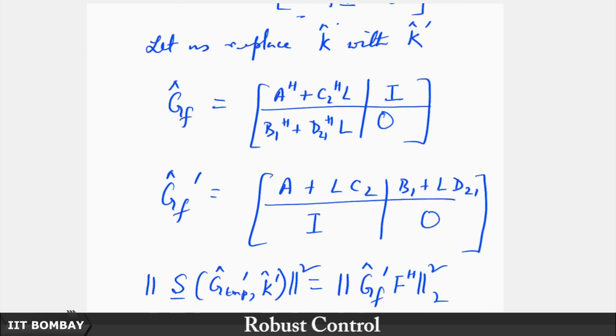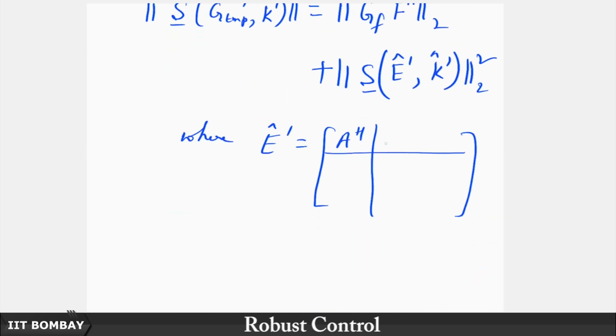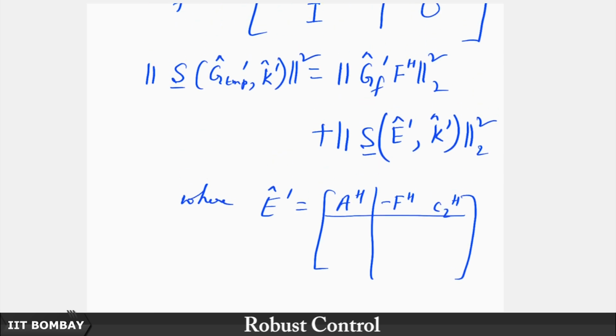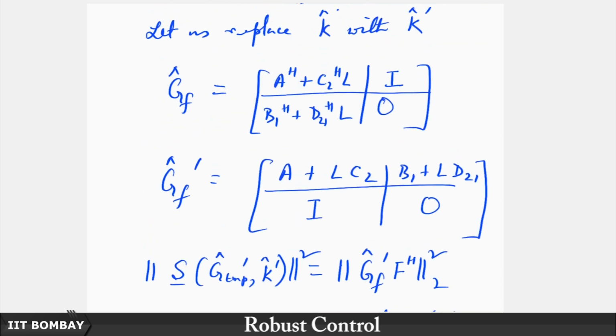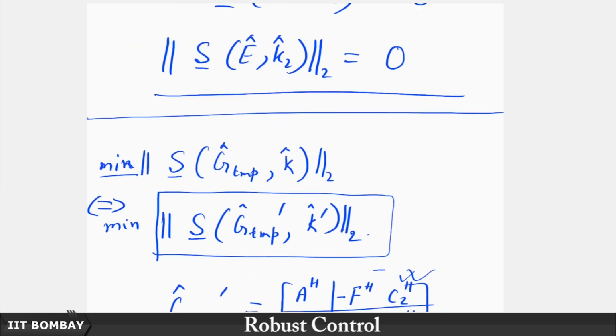So, it is minus F Hermitian C2 Hermitian. What happens to the C?